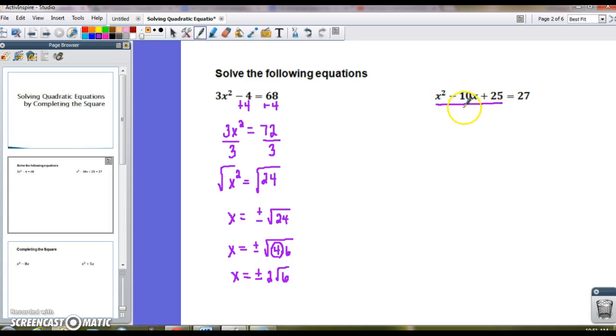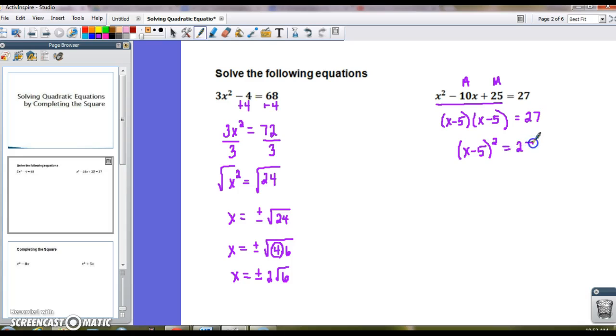If you don't recognize that, remember, whenever you're factoring a trinomial, you're looking for two numbers that add to that middle term and multiply to that last term. My numbers would be -5 and -5. So when I factor this, I end up with x minus 5 times x minus 5, and I can rewrite that as x minus 5 squared.